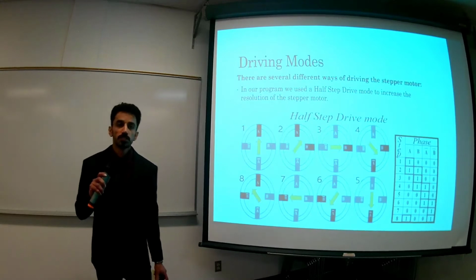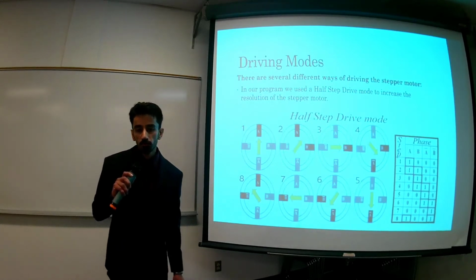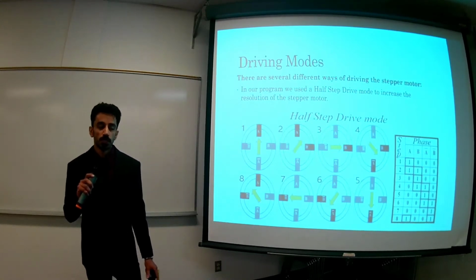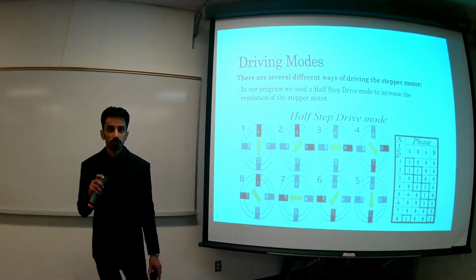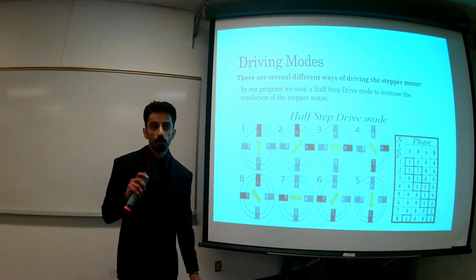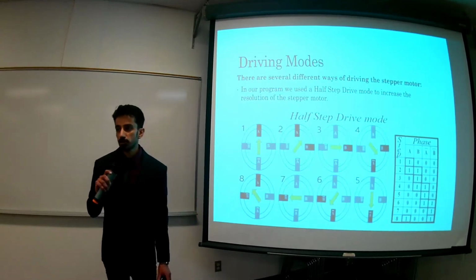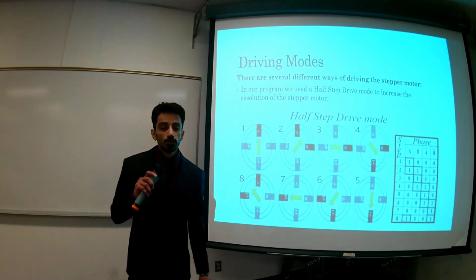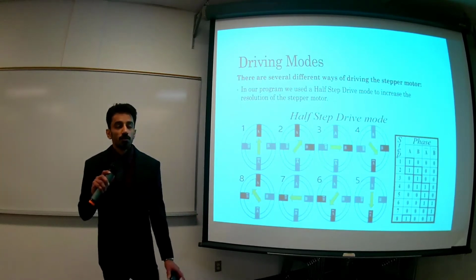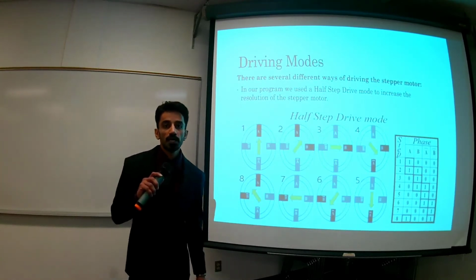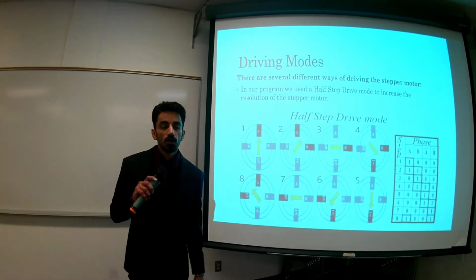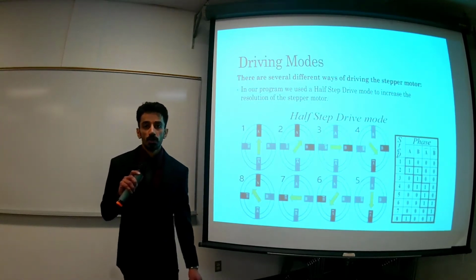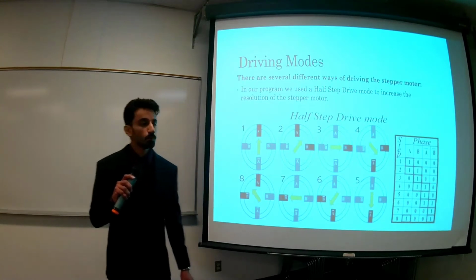This mode has one active coil followed by 2 active coils, and again 1 active coil followed by 2 active coils. That means we can get double the resolution with the same construction. So the rotor will make a full cycle in 8 steps instead of 4 steps in the wave drive and full drive mode.